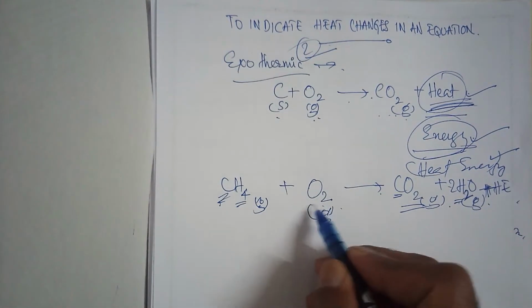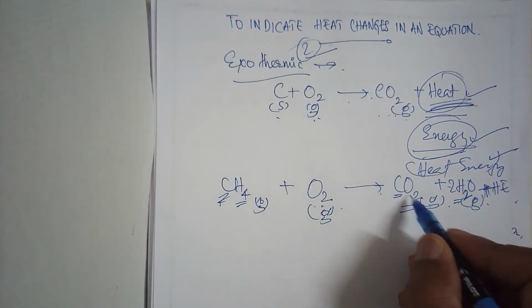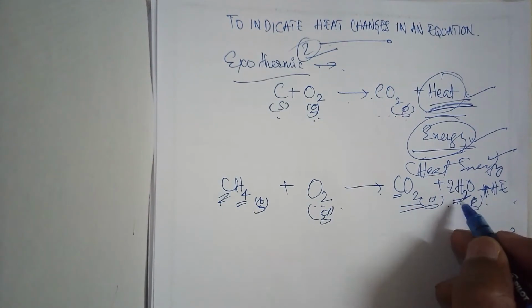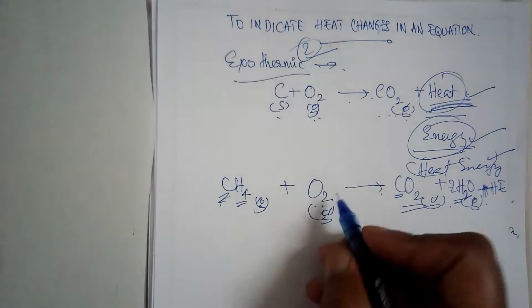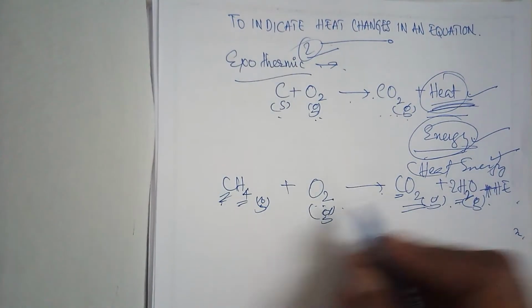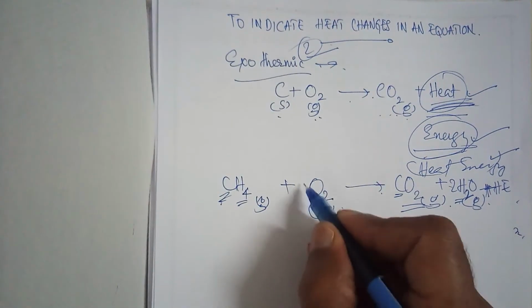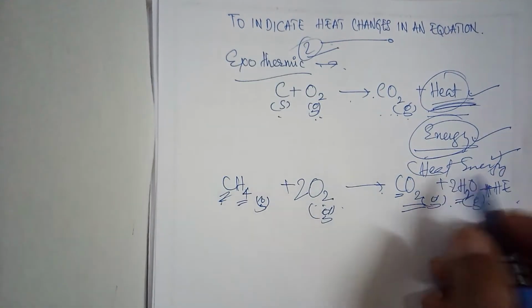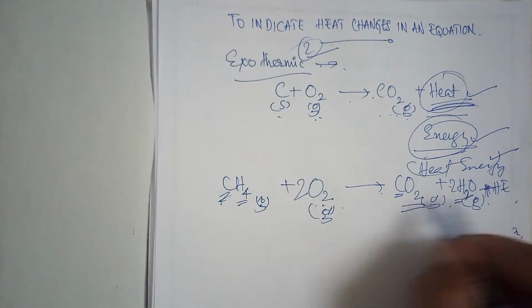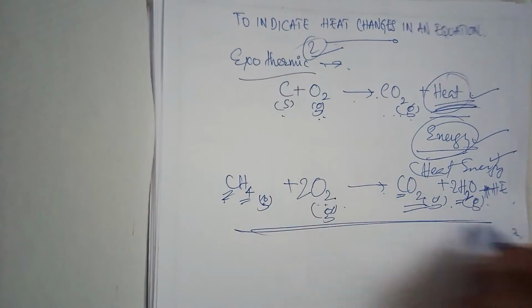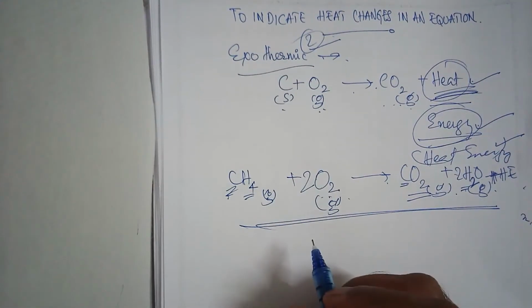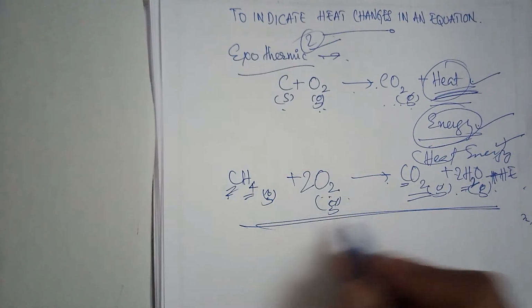Next, 2 oxygen is here, and 2 here plus 2 here, so the total is 4, and heat energy is evolved. So we have to multiply this oxygen with 2 to get 4 in the reactant side, and in the product side it is also 4. So this is a balanced equation also. The burning of natural gas is an exothermic reaction because heat is produced.